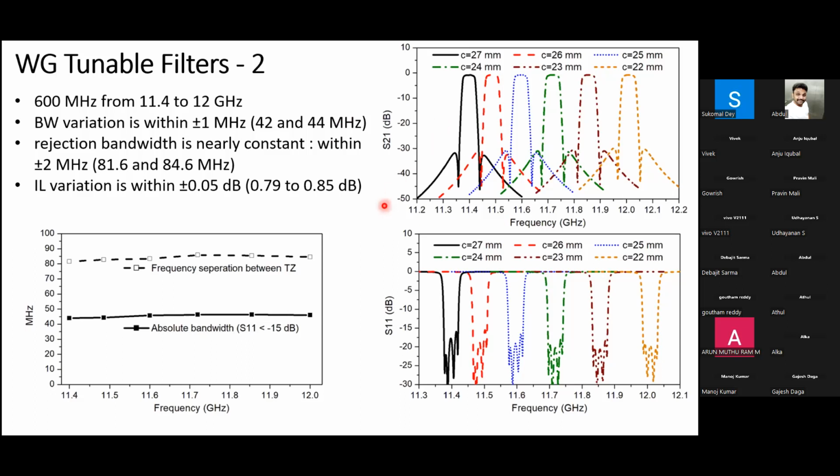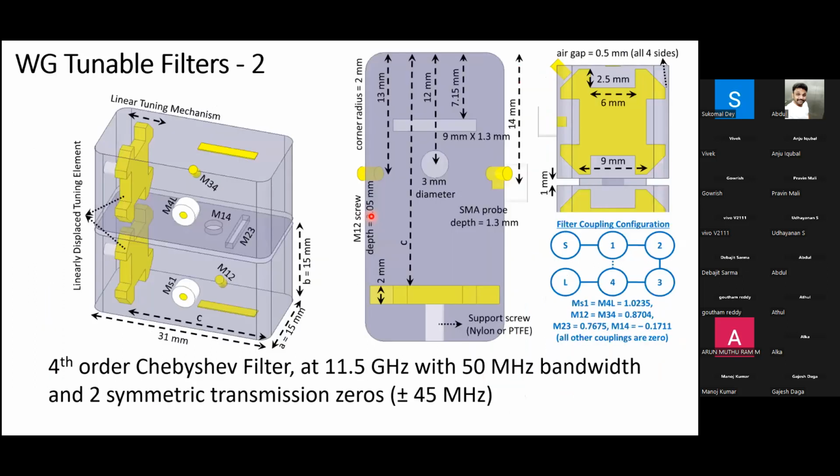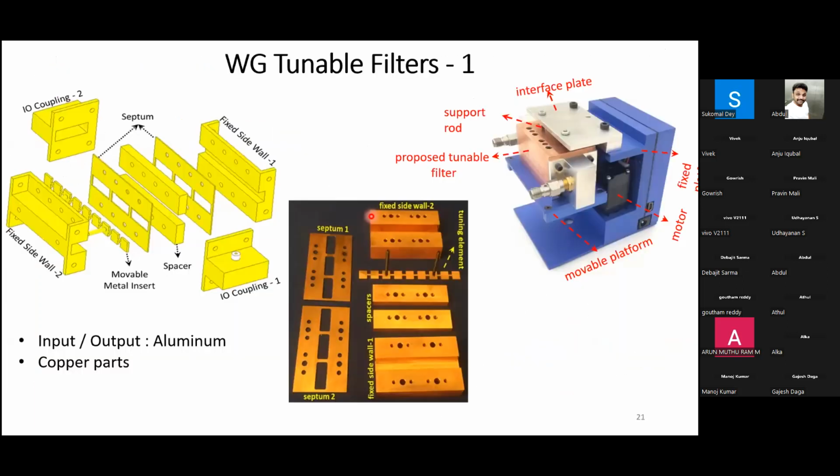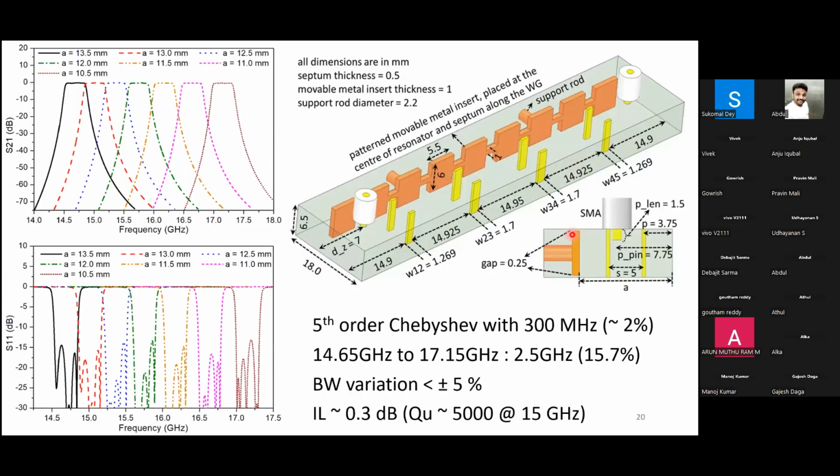This question came to us when we presented this in the IMS, because we have given an air gap of 0.25 mm here, right? And this air gap actually creates possible mechanical vibration issues, especially during the launch phase. The launch shock is pretty large. But the good thing is, since we are focusing on the payload, the filter will be off during the launching phase. The payload turns on only when the satellite is stabilized.